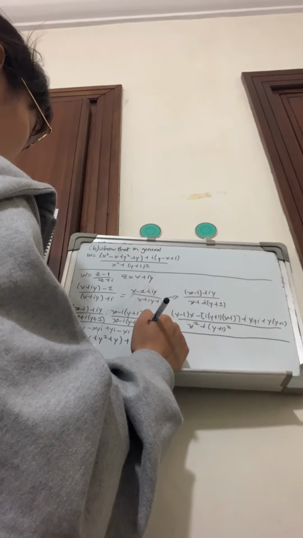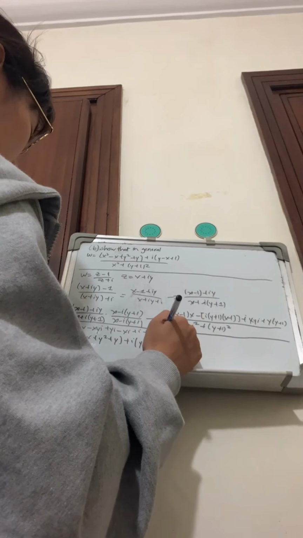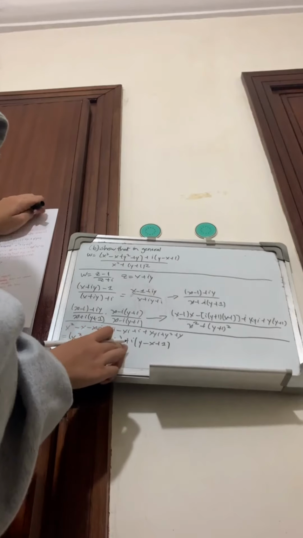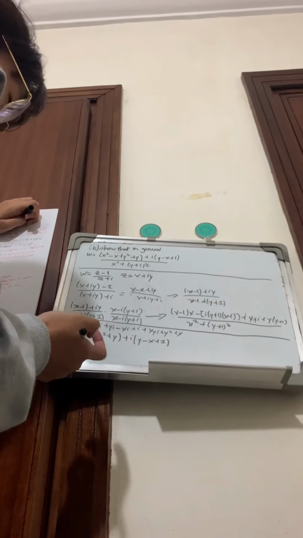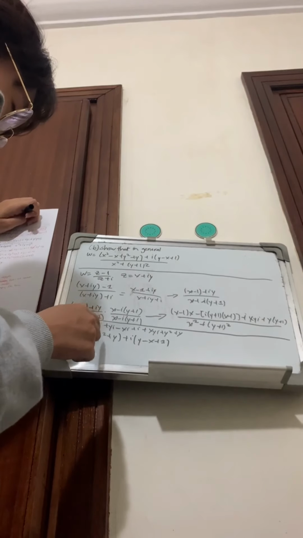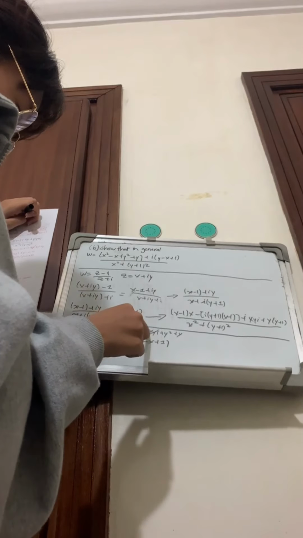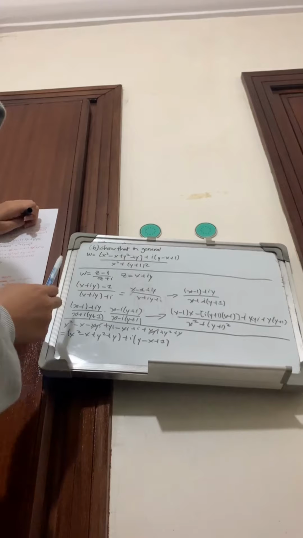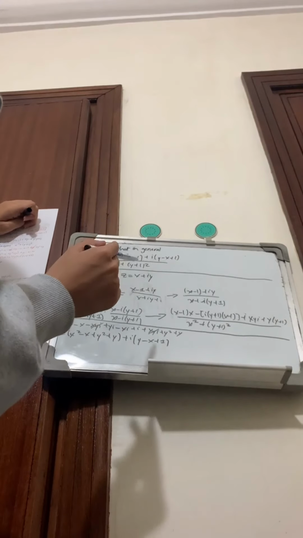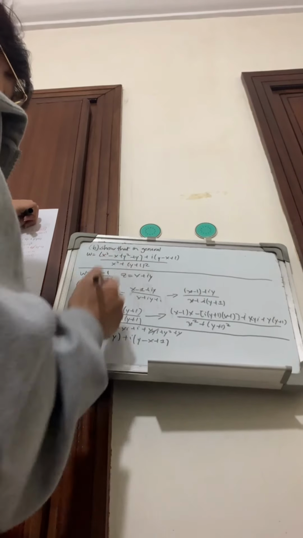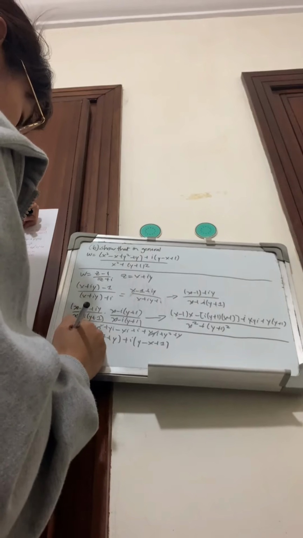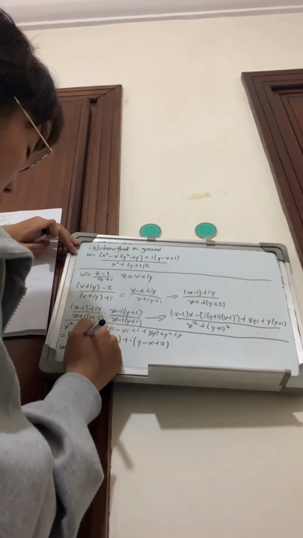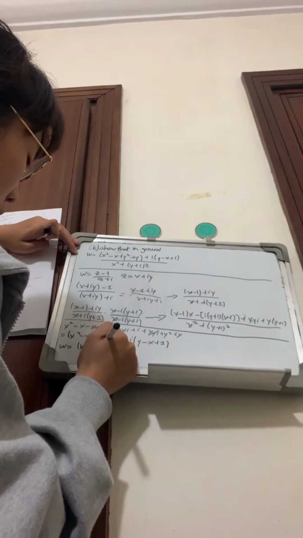We would end up with this. And notice how we canceled out this term and this term here. That's why these two are gone. And now putting everything back together, we will have the exact values.